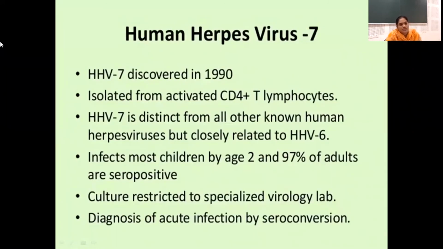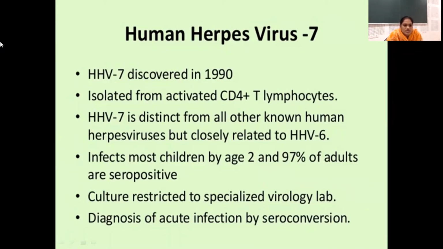Then the human herpes virus 7 was discovered in 1990, isolated from the activated CD4 positive T lymphocytes. It is distinct from the other known human herpes viruses, but closely related to human herpes virus type 6. It infects most children by the age of 2 years, and 97% of the adults are seropositive.